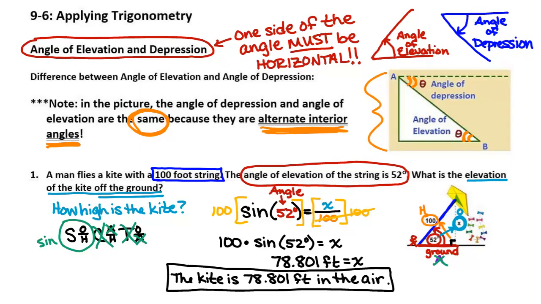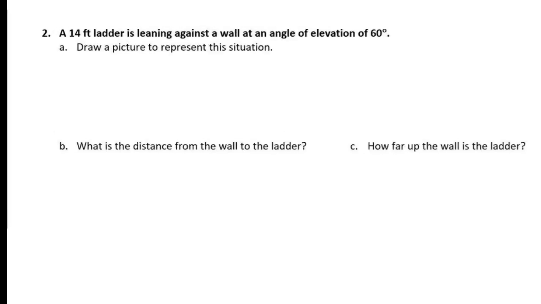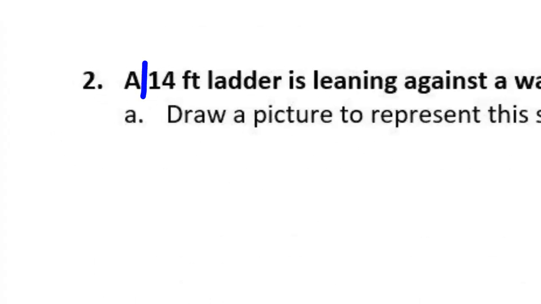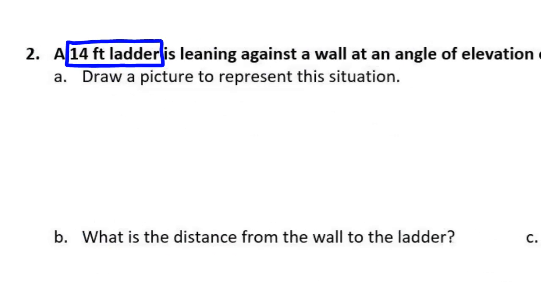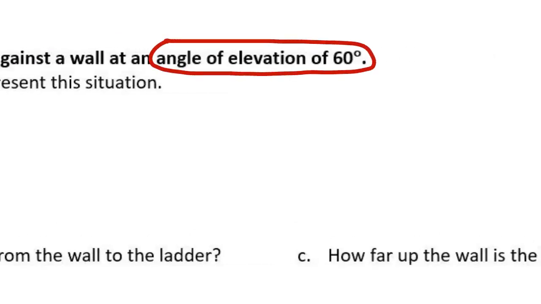Number 2 is the first one where we get to draw our own picture. Let's look at number 2. Number 2 says we have a 14-foot ladder that is leaning against a wall at an angle of elevation of 60 degrees.